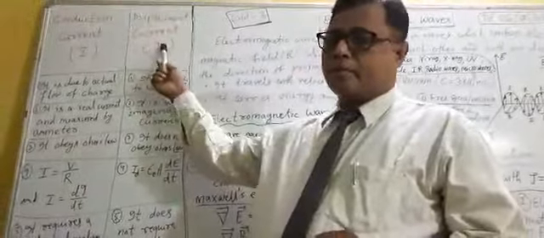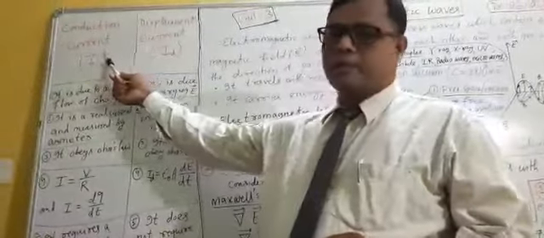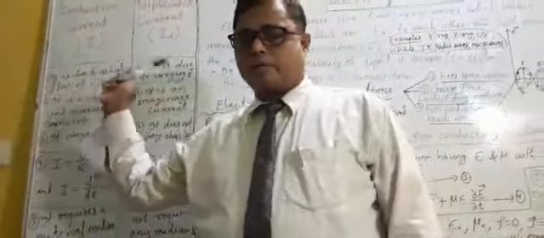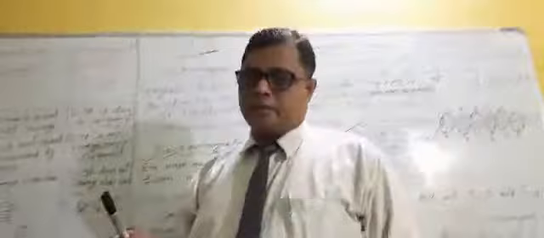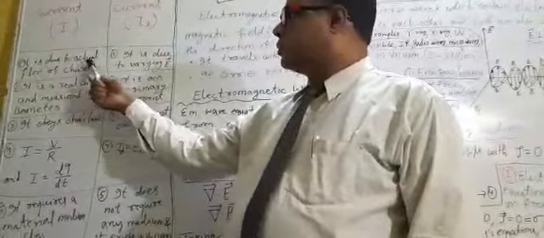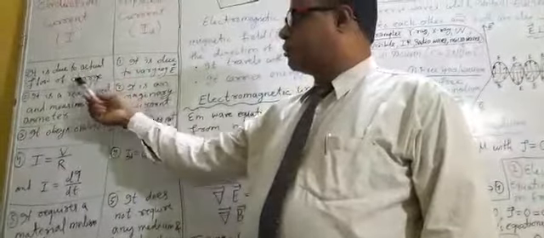About the displacement current and comparison with the conduction current. So already we have discussed about this difference. Again, it is a recall. Conduction current is due to actual flow of charge.